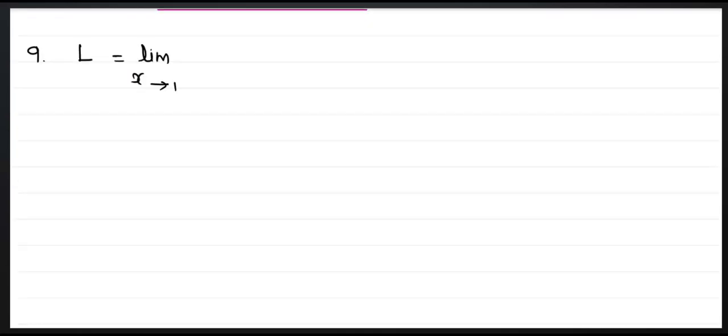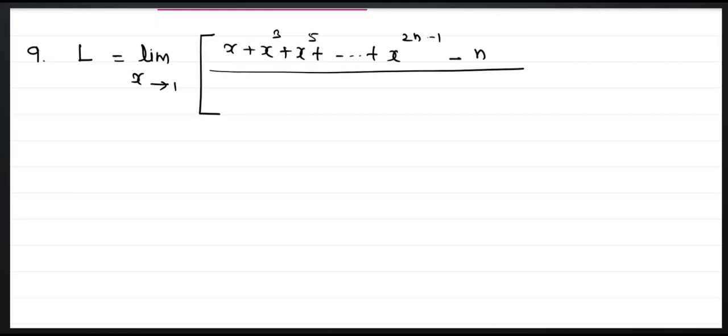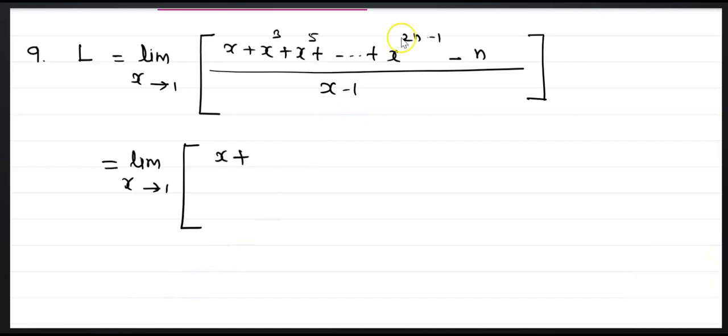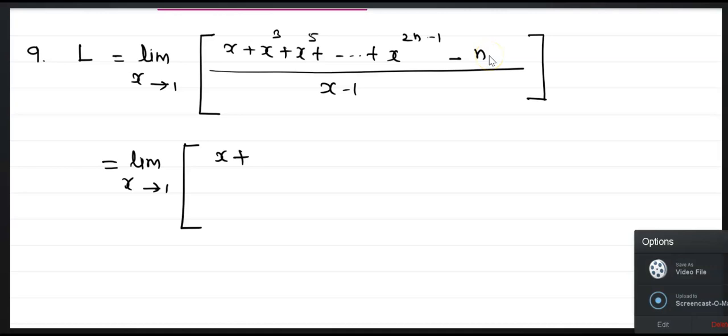Now the next is problem number 9. L is equal to limit x tends to 1, x plus x cube plus x raised to 5 plus dash dash plus x raised to 2n minus 1 minus n upon x minus 1. Now here again, this is the n. n means what? 1 into n, means 1 is repeated n times.